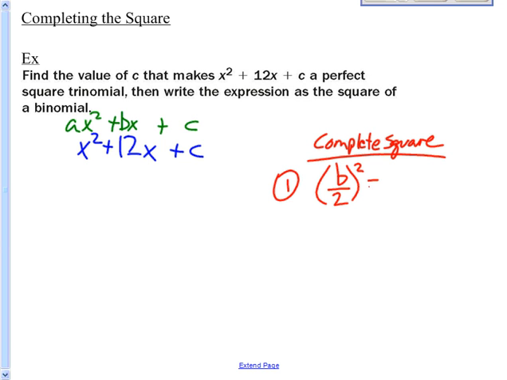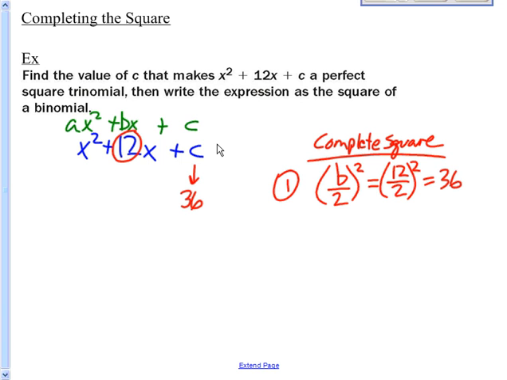In this case, our b term is 12. Take that b term, divide it by 2, which is 6. 6 squared is 36. That's the number that c has to be right here. 36 will make this work.